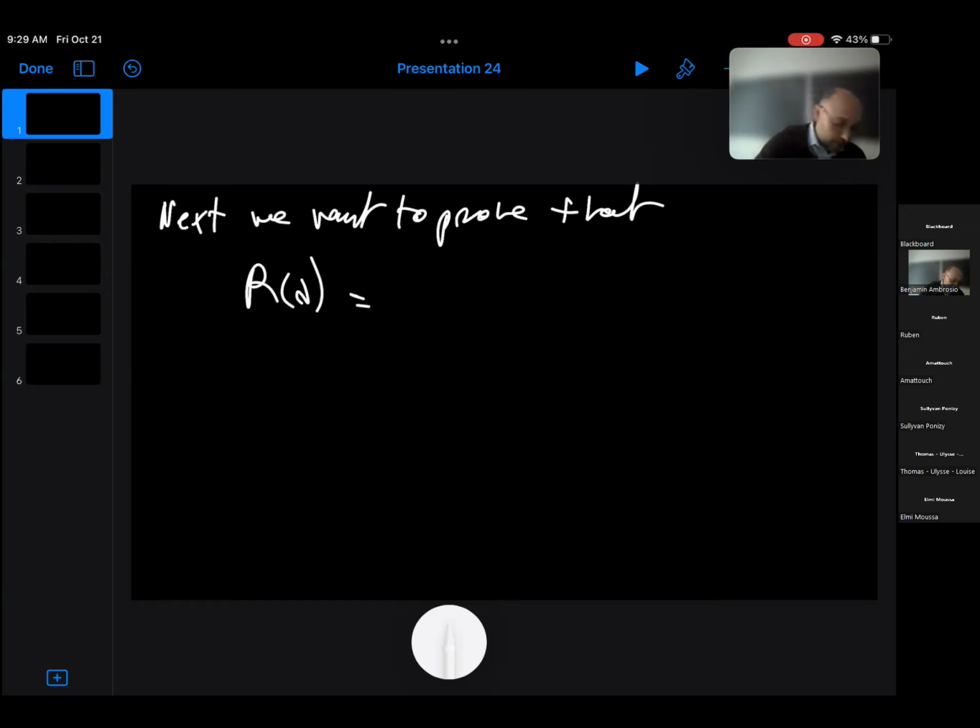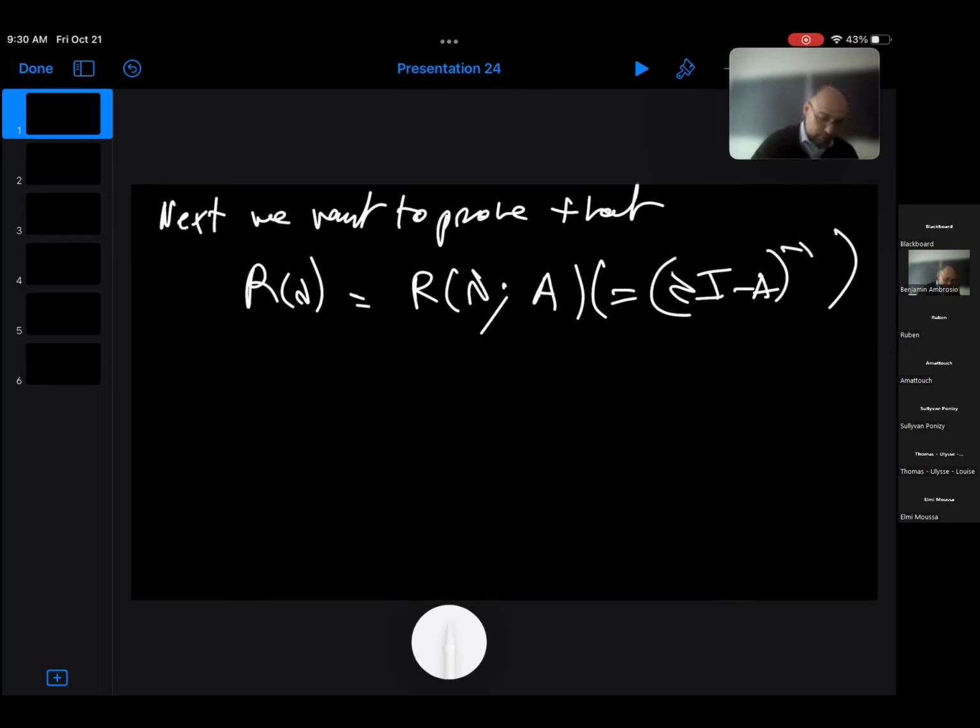So is R(lambda, A). There's no difference between R_lambda and R(lambda, A). It's a usual notation, and in fact they are the same, but we need to prove it. And I recall that this is (lambda identity minus A) to the power minus 1.